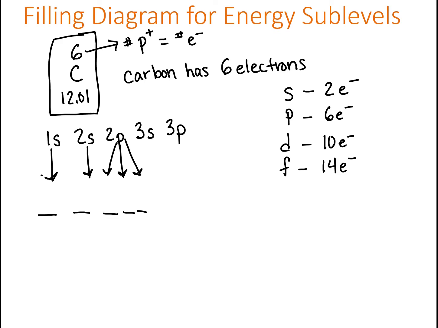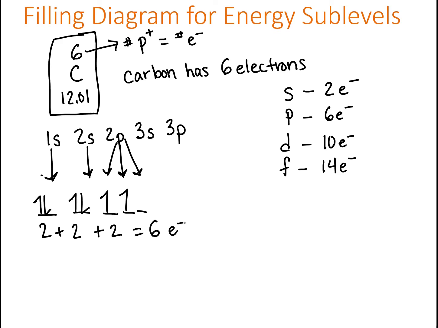We're going to talk about that in just a little bit. But if I were just filling in the numbers, I'd say, okay, I need to fill in my 1s. I need to fill in my 2s. So I've got 2 plus 2, cool. Now I need to fill in my 2p. And that equals 6 electrons.